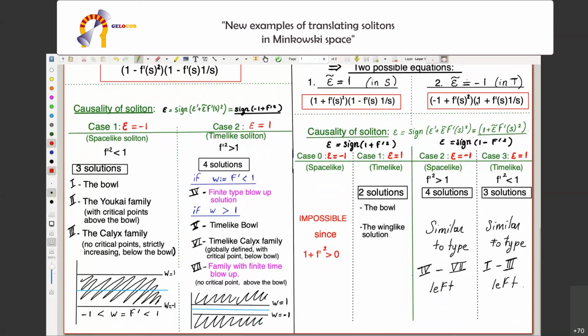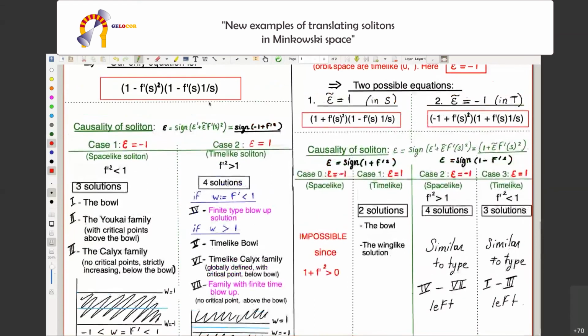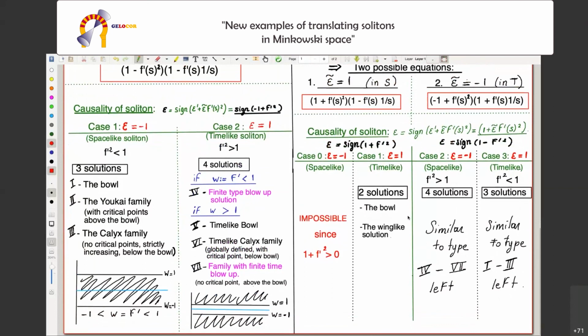And basically the second equation is the same equation as the one we have in this case. It's just reversed. So we get exactly the same type of solution here, but it's time-like. And the very interesting property of the solitons here is that we get hybrid solitons.